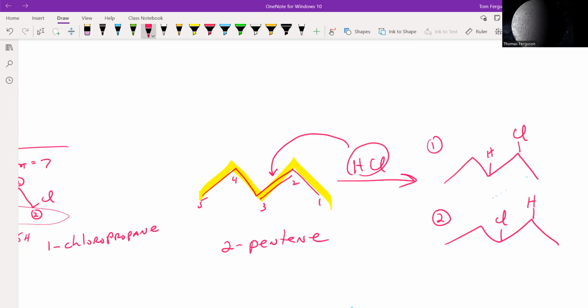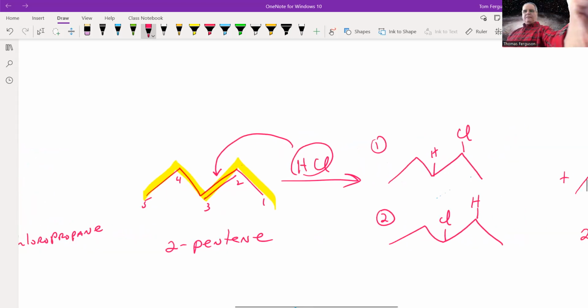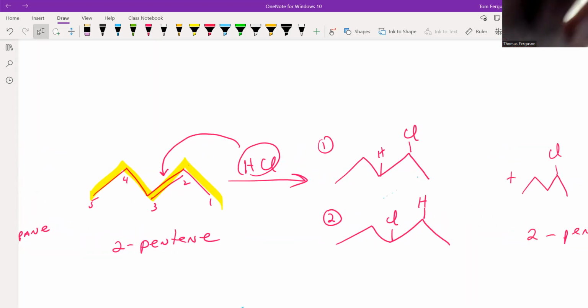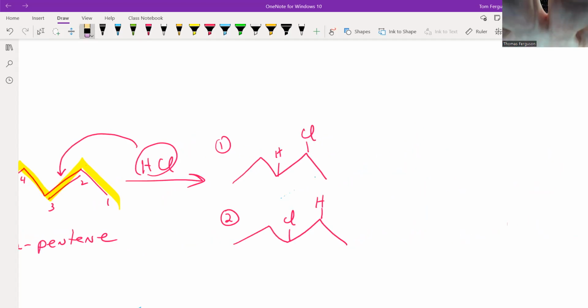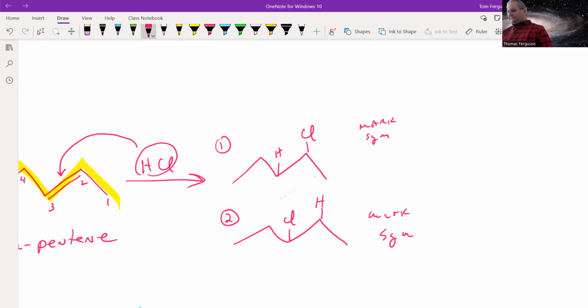So now we have to figure out which is more stable. Okay, we've got Markovnikov and symmetry. Does everyone see how I got these two products?